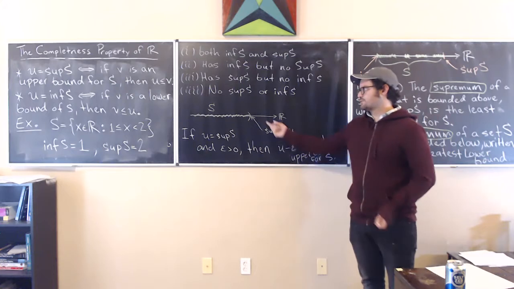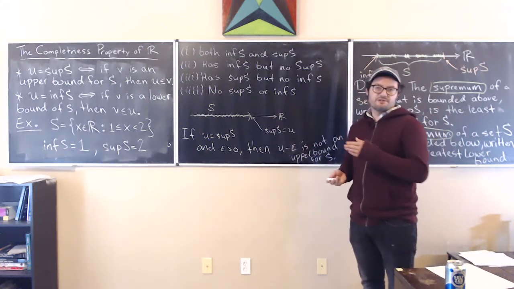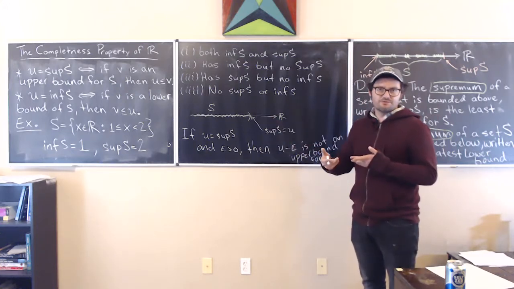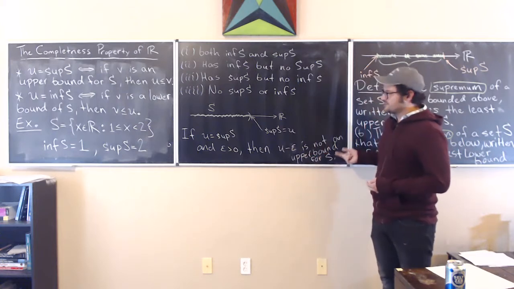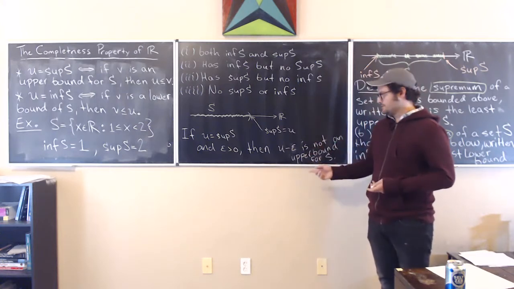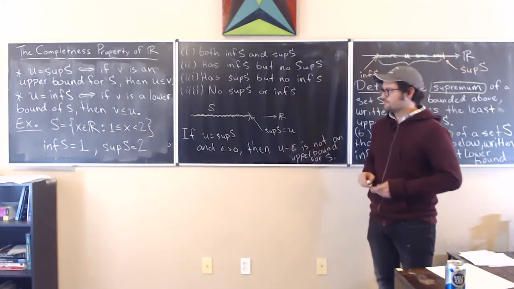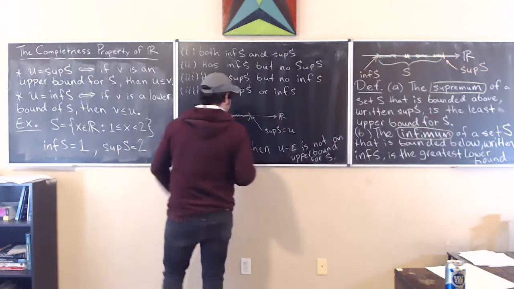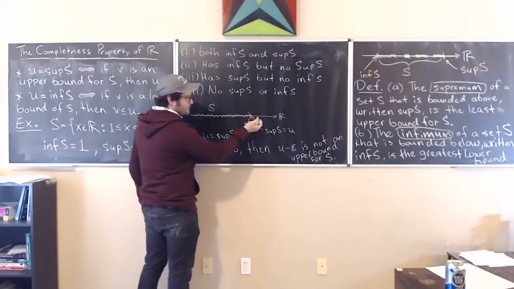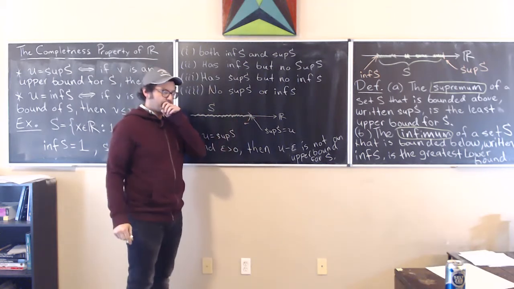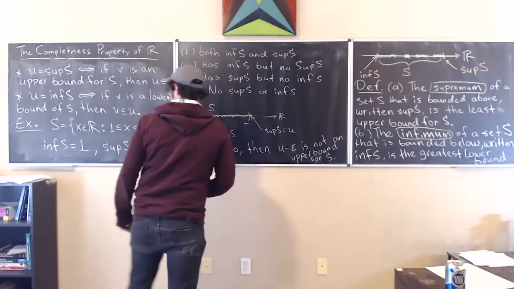If that's the smallest upper bound, right? If I subtract off anything from it, then it's no longer an upper bound, which means, what does that mean about S? It means that S contains something larger than U minus epsilon. Just looking at this picture here, if I move anywhere this way from U, anywhere, I'm going to go into the set S. Okay?